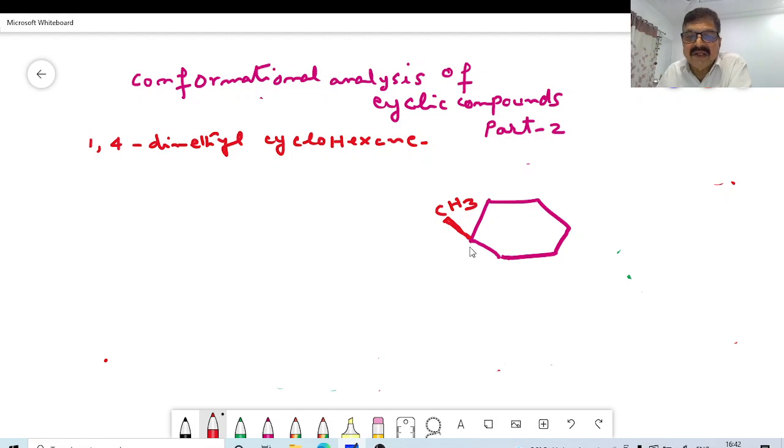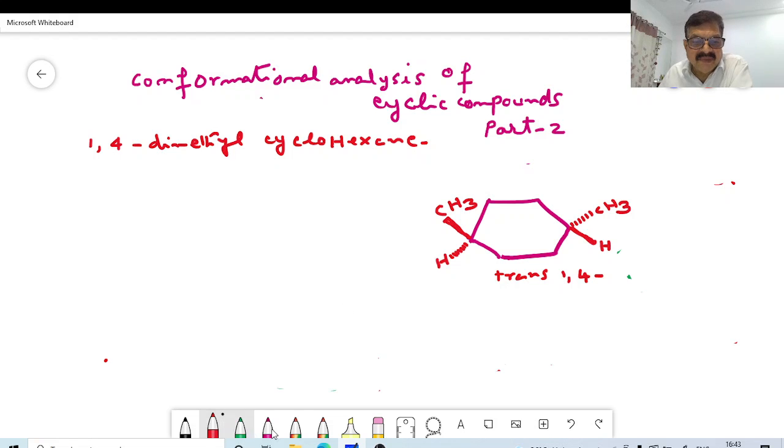So one methyl group, then the assumption here is it is drawn attached with one more hydrogen that will be behind the ring. Okay, this will be the trans isomer. This is wedge and dash. This is trans 1,4-dimethyl cyclohexane.